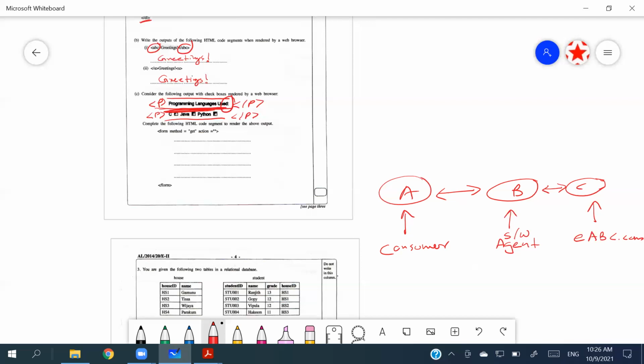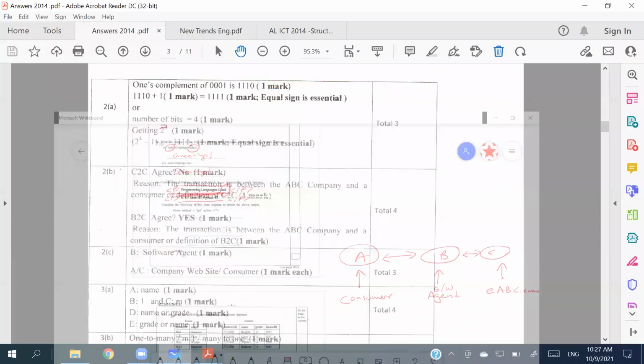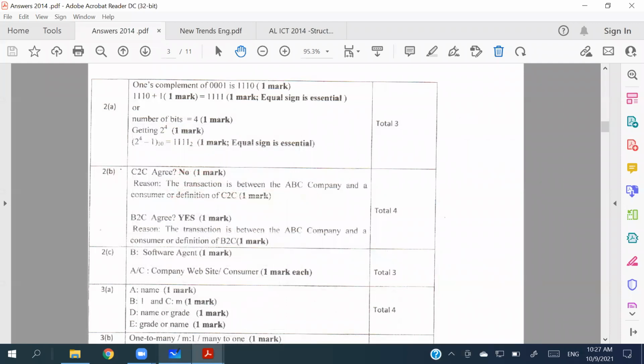So he is the middle party, in between the consumer and the website, the other two parties. Software agent is a middleman. So they say B is the software agent, it is 1 mark.